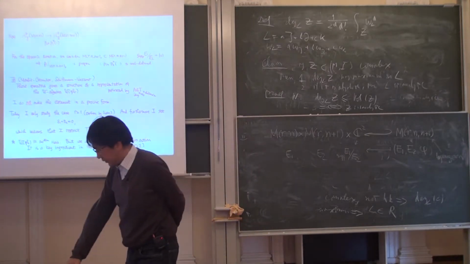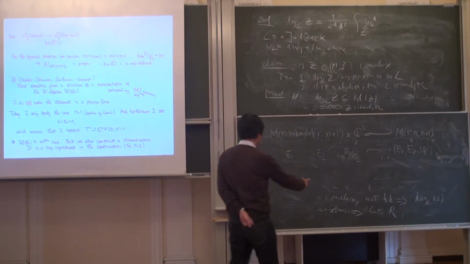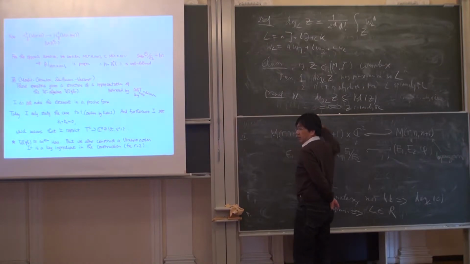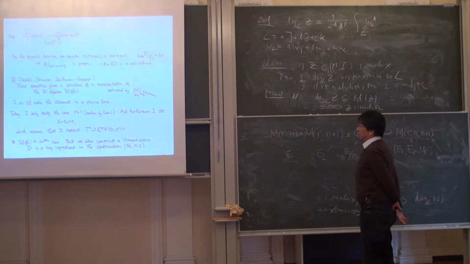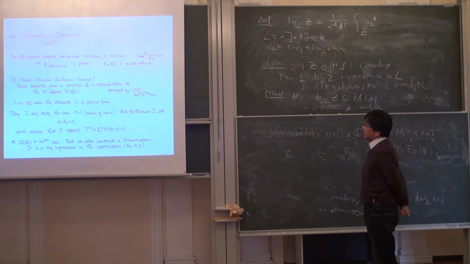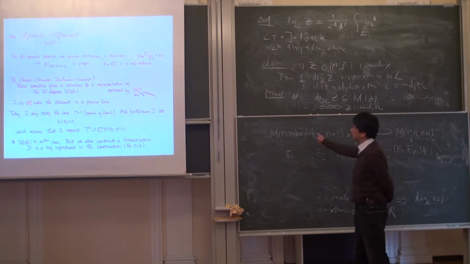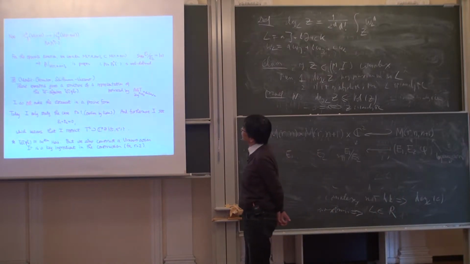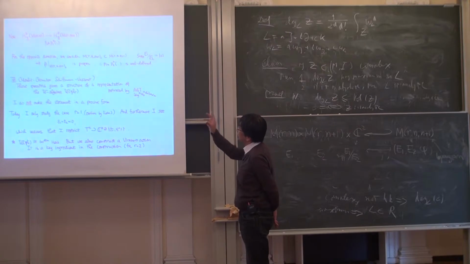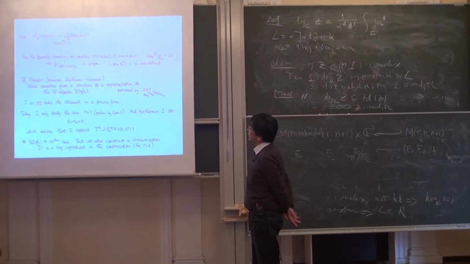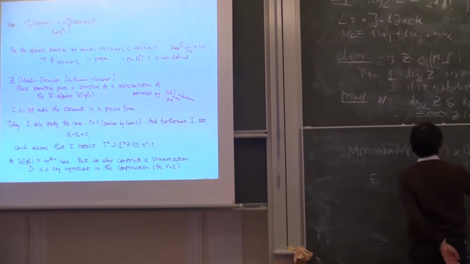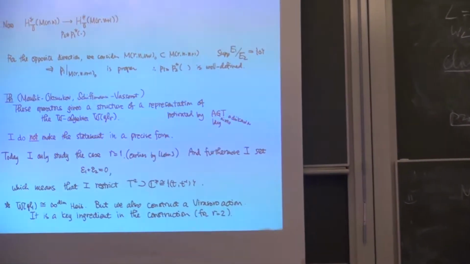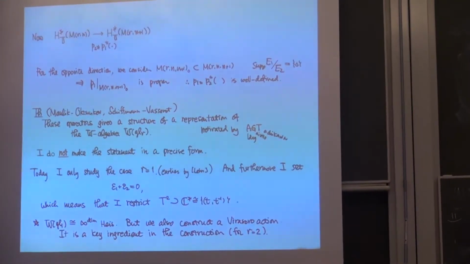One thing is that from this picture, by pullback and pushforward, I can construct an operator. But one of the projections is not proper, so you must be a little bit careful. When you increase the number of points, you must slightly change the correspondence by imposing that this point is concentrated at a single point.